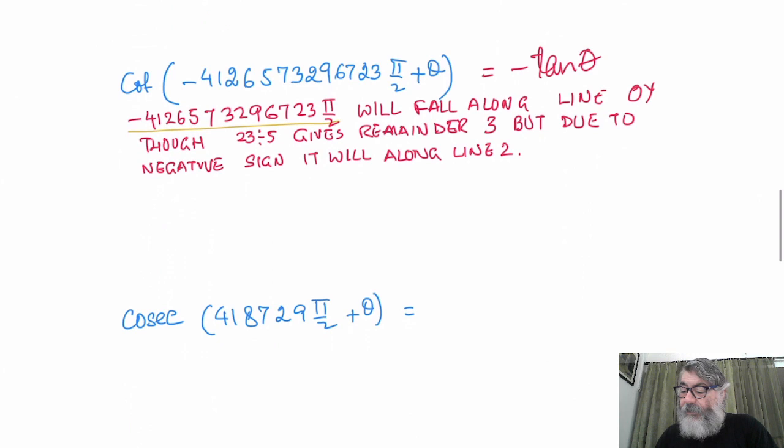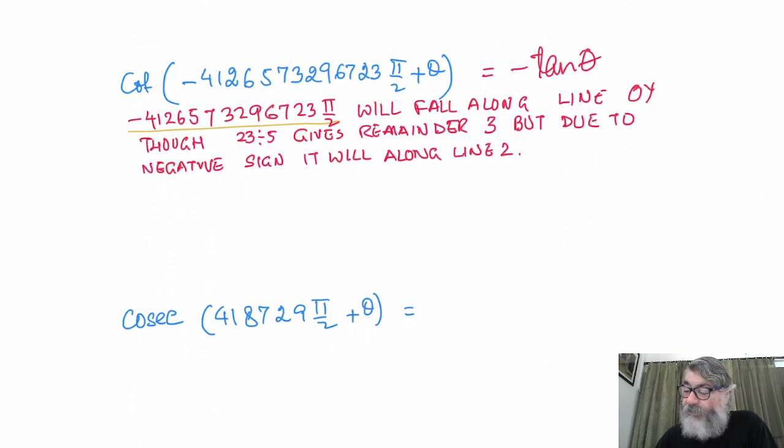Now let us see cosec 418729. Now it is positive, so it will decide. Last two digits are 29. 4 7s are 28. If I divide it by 4, 4 7s are 28, one remainder will be there. It will fall along line OY, that means it will go into the second quadrant, because plus theta, second quadrant, and in the second quadrant sine and cosec are positive.